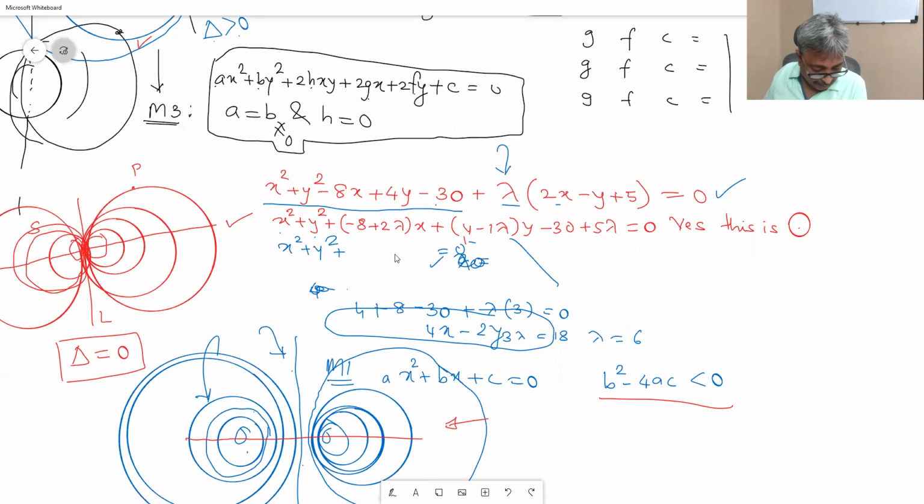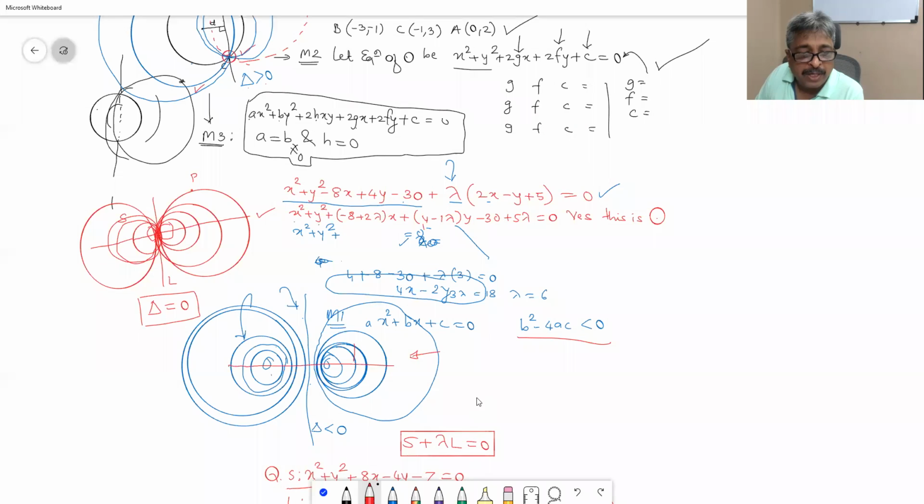S and L is the same. And I ask you to find out the equation of a circle whose radius is root 5. Let me write down the problem again.